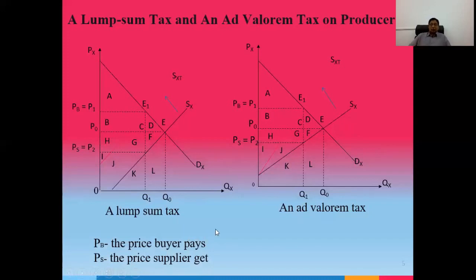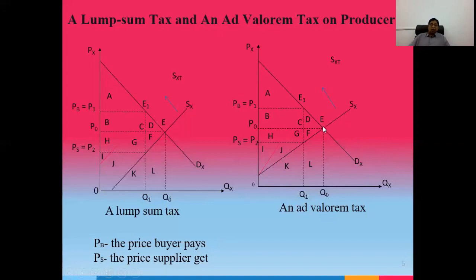I would like to explain the economic implications of an ad valorem tax again. Ad valorem tax on producers. The initial supply curve is given by Sx, and the initial demand curve of this commodity is Dx.